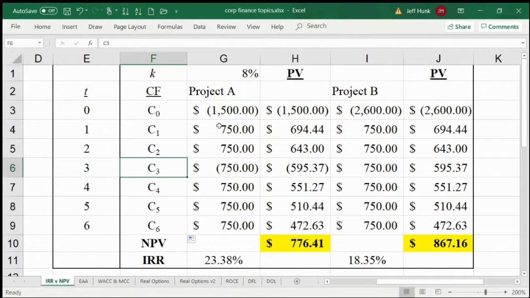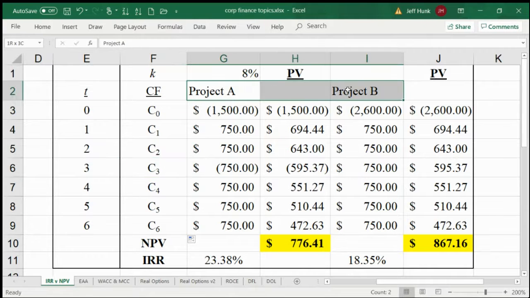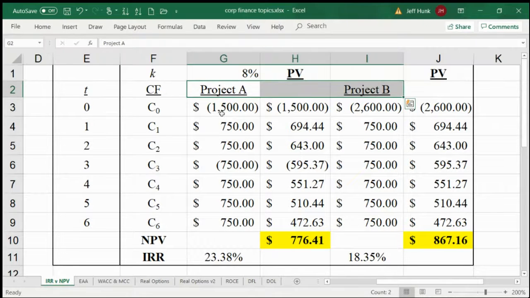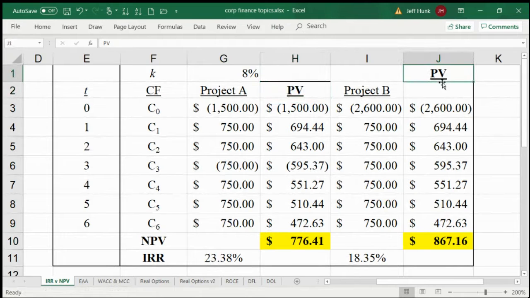All right. So now let's think about it. This already means cash flow, right?